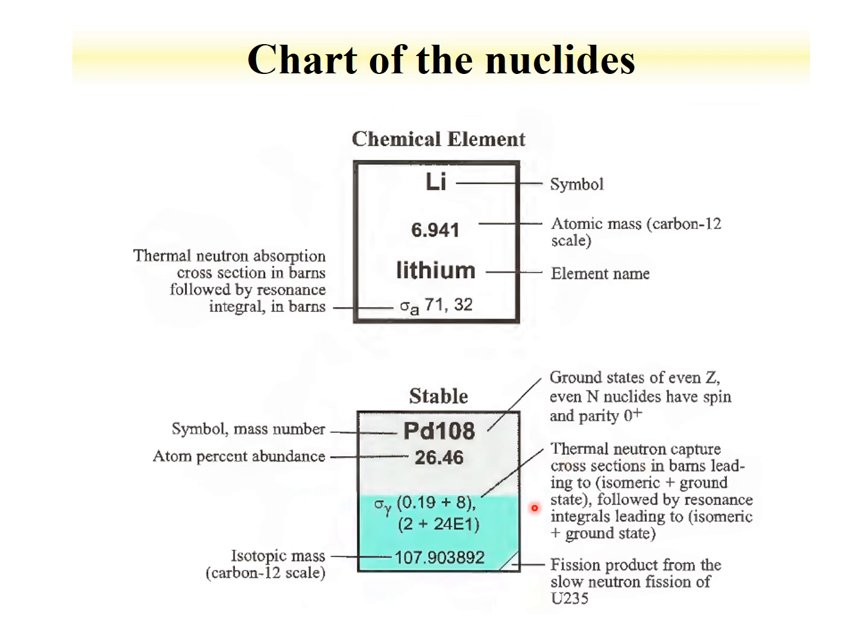The thermal cross-section in barns leading to isomeric and ground state, and the resonance cross-section in barns, isomeric and ground state. This triangle here means that this isotope is produced from the fission, and this is the mass of the isotope. We will describe cross-section in more detail when we discuss nuclear reactions.